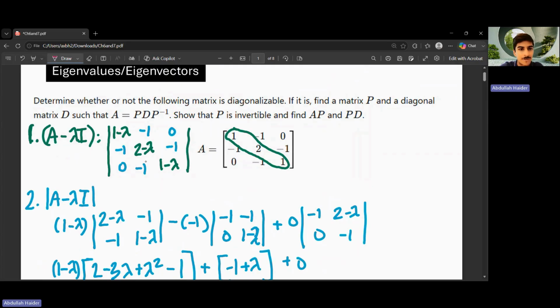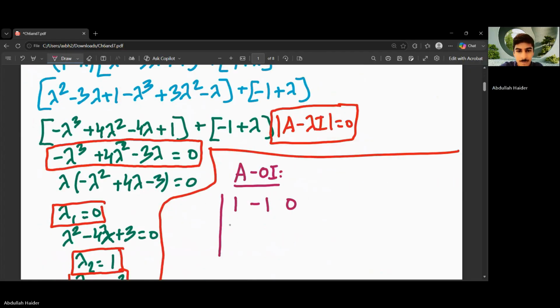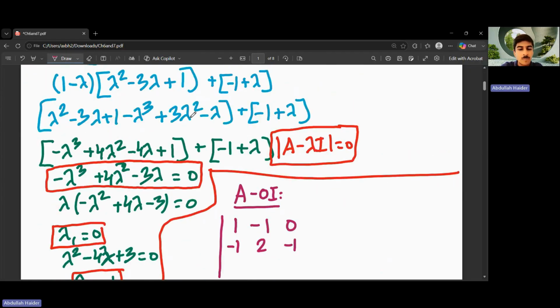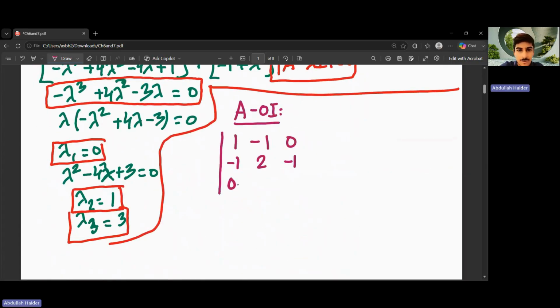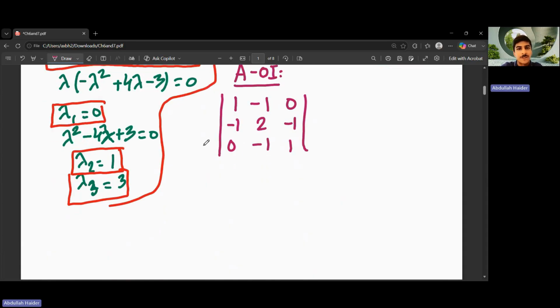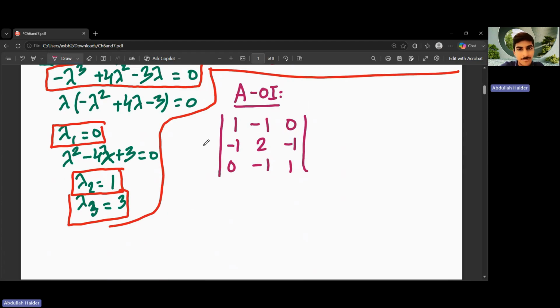So 2 minus 0 is 2. So minus 1, 2, negative 1. And 0, negative 1. 1 minus 0 is 1. So 0, negative 1, 1. All right. So now what we do is we row reduce this matrix.